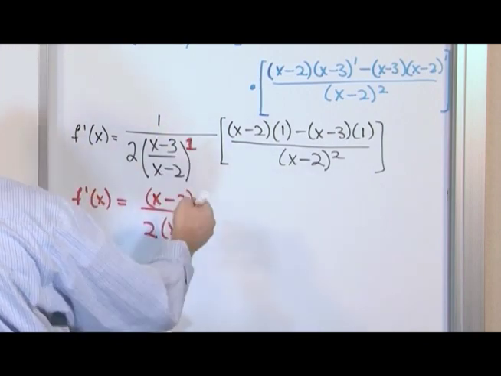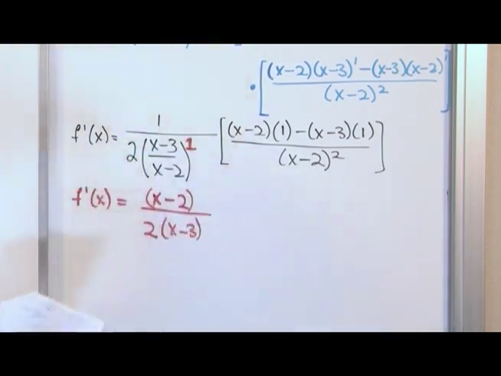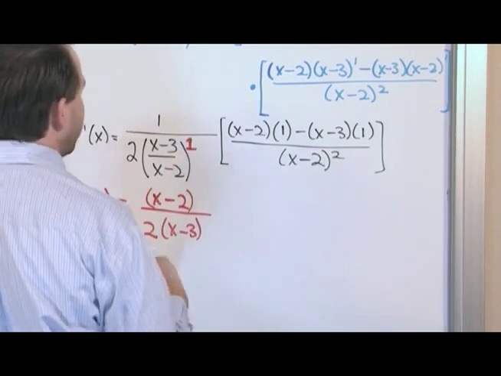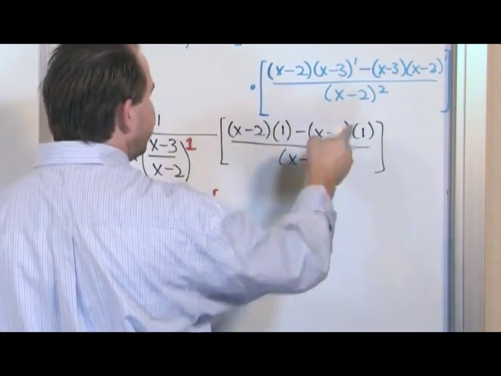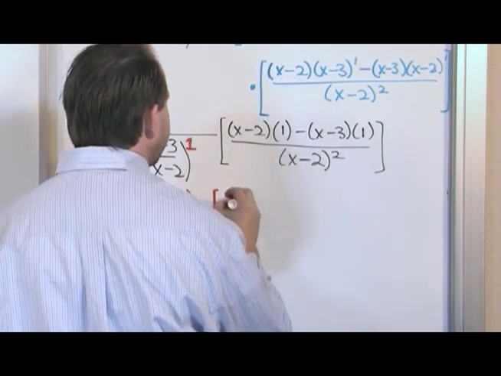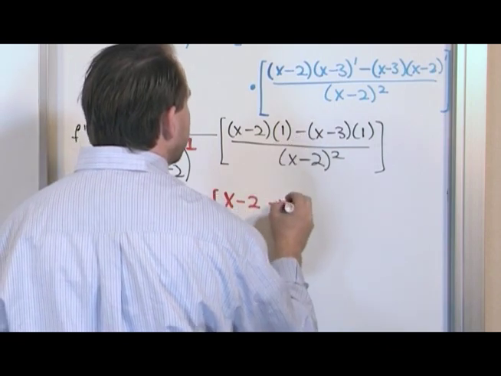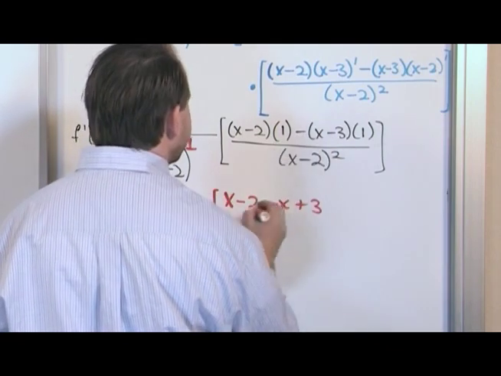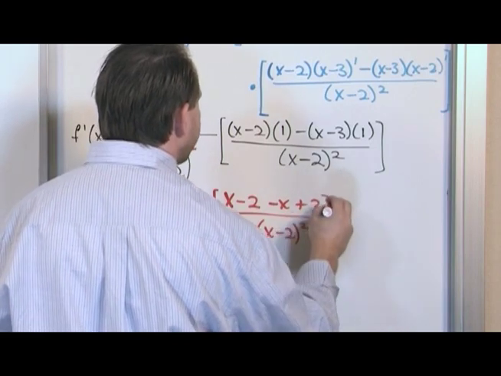All I'm doing in this step, since I've got 1 over this fraction, is flipping this fraction over. The 2 stays down there. Nothing happens to the 2. These guys flip around. Now in here, let's distribute these negative signs. So it's x minus 2 on the top minus x plus 3, distributing this guy in, and on the bottom I'll have x minus 2 squared.